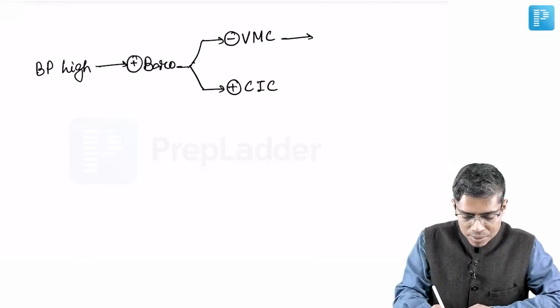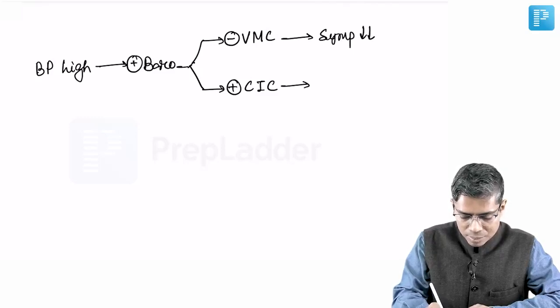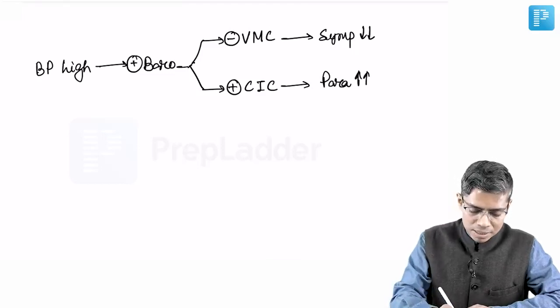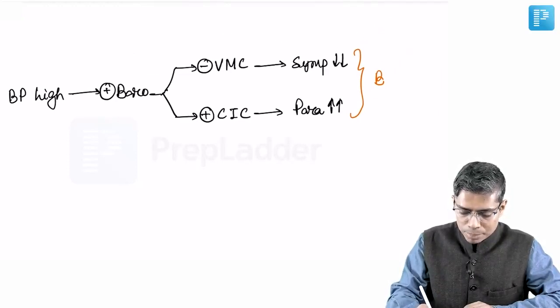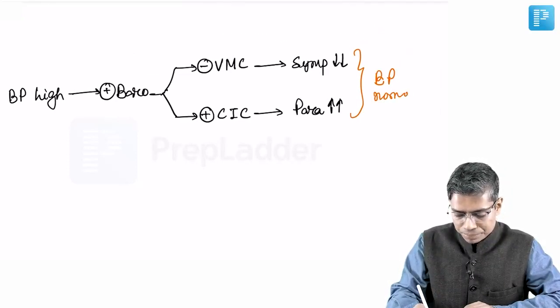Vasomotor center inhibited means my sympathetic system will go down, and CIC stimulated means my parasympathetic system will go up, and combination of these two is again going to normalize the BP, right?